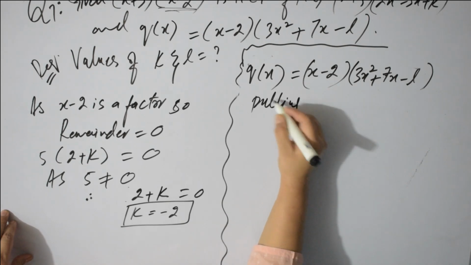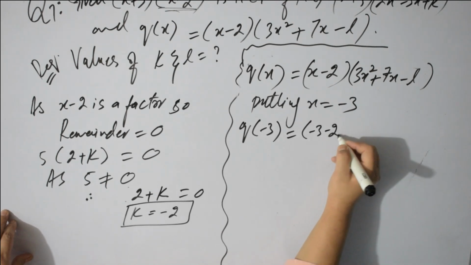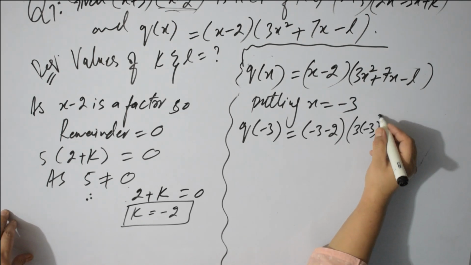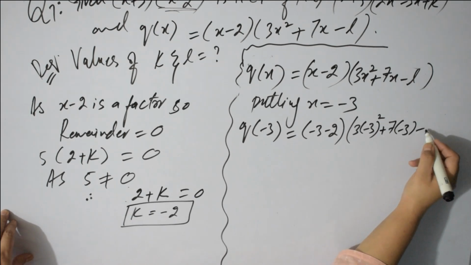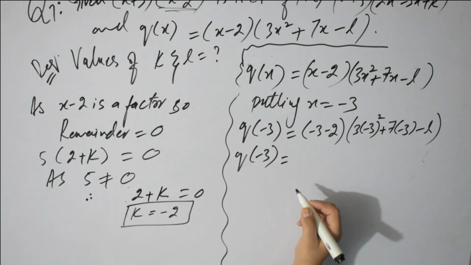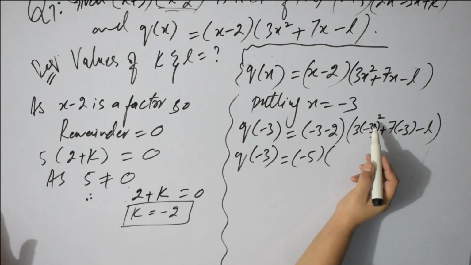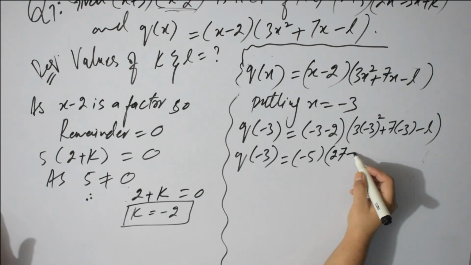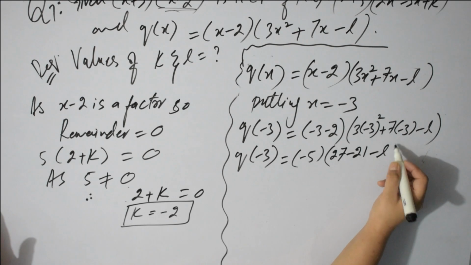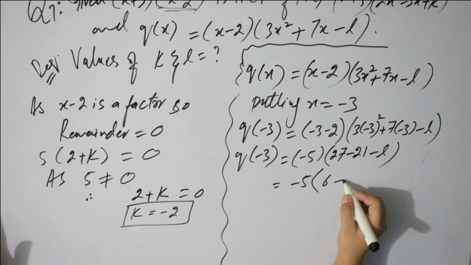Q of minus 3 is minus 3 minus 2 into 3 into minus 3 whole square plus 7 into minus 3 minus L, which is minus 5 into. 3 3s are 9, negative having even power is plus 9, 9 3s are 27, minus 7 3s are 21, minus L. So minus 5 into 27 minus 21, that is 6 minus L.